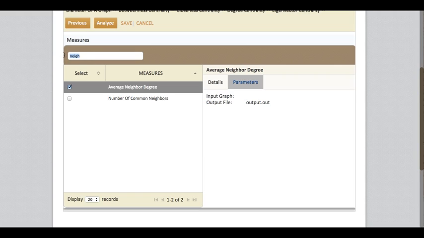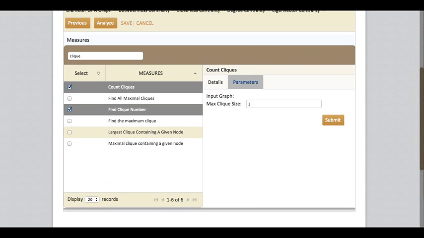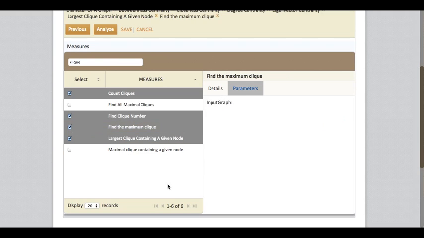So clique again, find the largest clique containing node 1, and then find the maximum clique. So that's question 9.